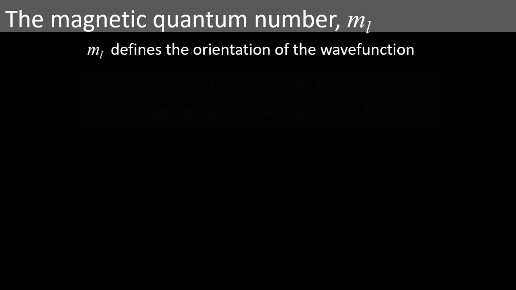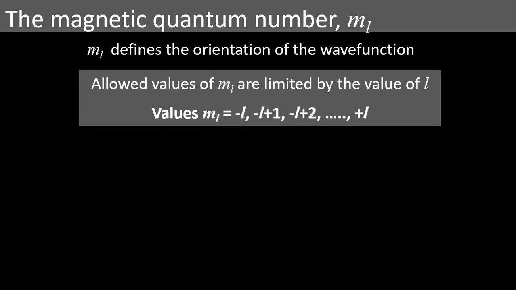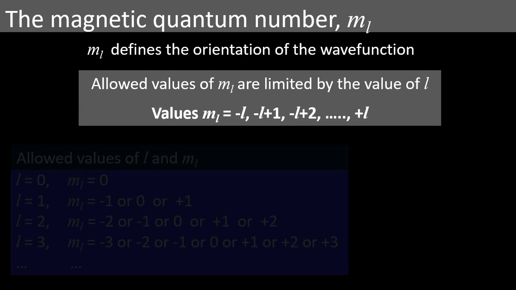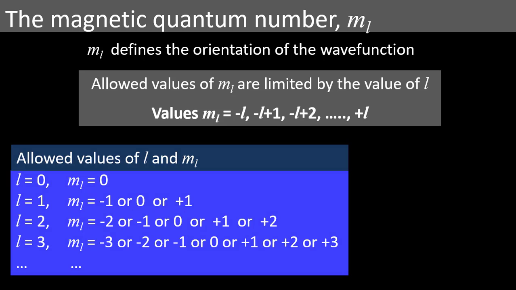The allowed values of ml are constrained by the value of L. ml can range from -L to +L in increasing integer units. So if L equals 0, ml can only be 0. If L equals 1, ml can take three possible values. ml could be -1, or ml could be 0, or ml could be +1.